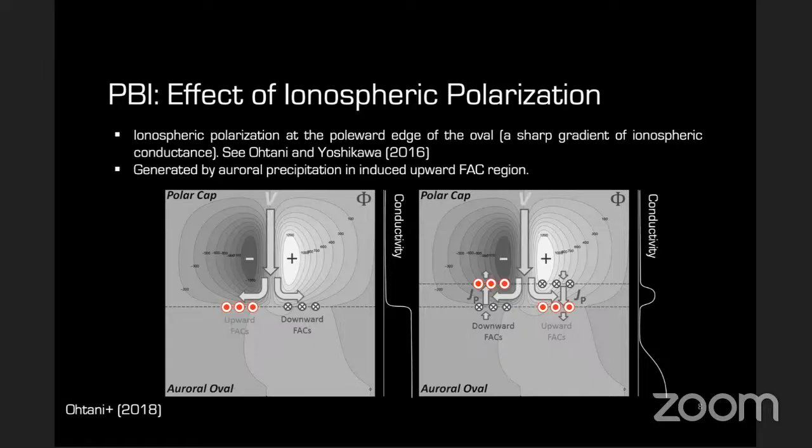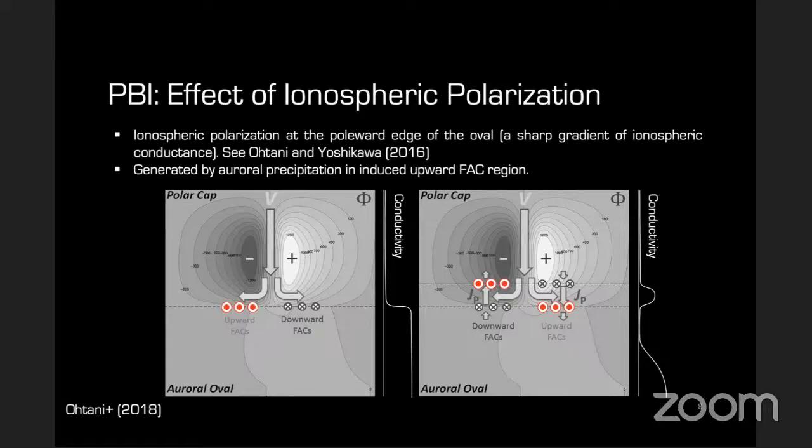When a polar cap flow channel arrived at the poleward boundary, upward and downward feeder currents are induced on the westward and eastward longitudinal edges of the flow channel like this. These induced feeder currents extend much wider in longitude, and the peak density of the induced feeder current is rather smaller than that of the instant feeder current.